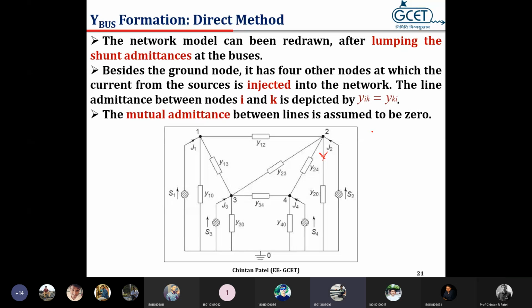V2 into Y20. Actually, it is V2 minus V0, but as the ground node is always at zero potential, this current is V2 into Y20. What about the current flowing between bus number 2 and 3?